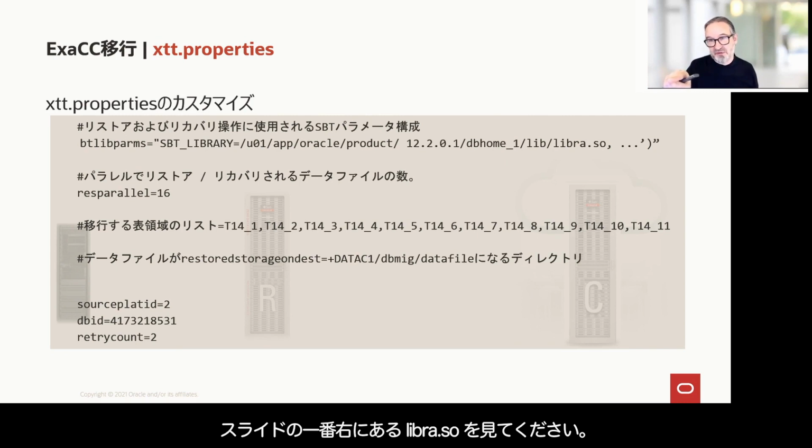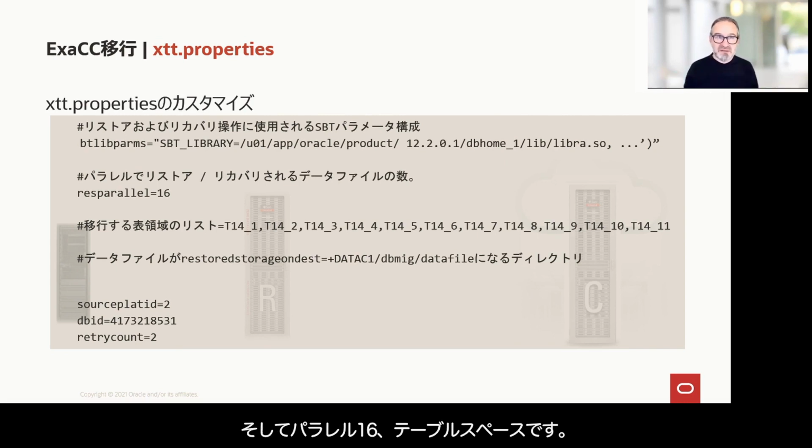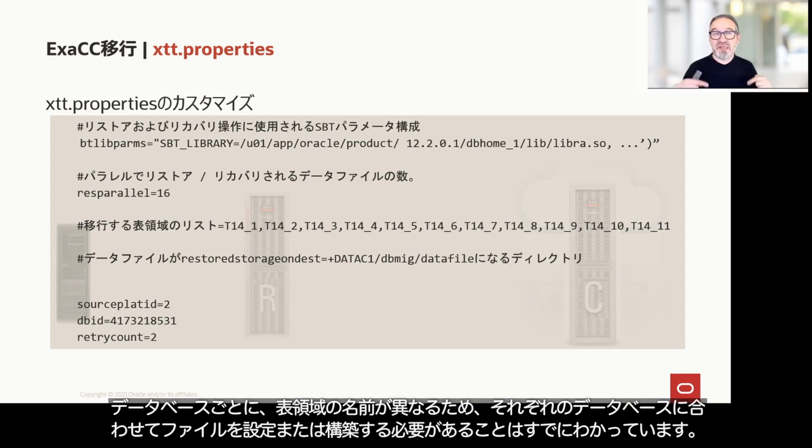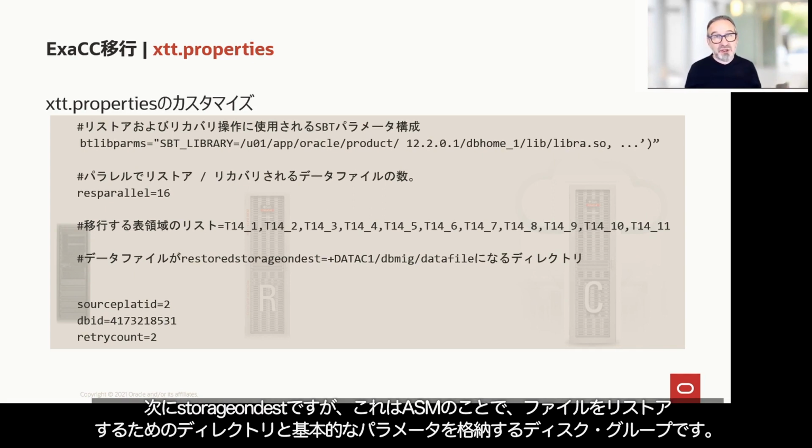When you look to the very, very right of the slide, libra.so. Then parallel 16, the tablespaces. So we know already that for each database, we need to configure or build that file fitting for each database, because the tablespaces have different names there. Then storage on disk. This is the ASM disk group or directory where the files will be restored to, and some basic parameters. Very simple.